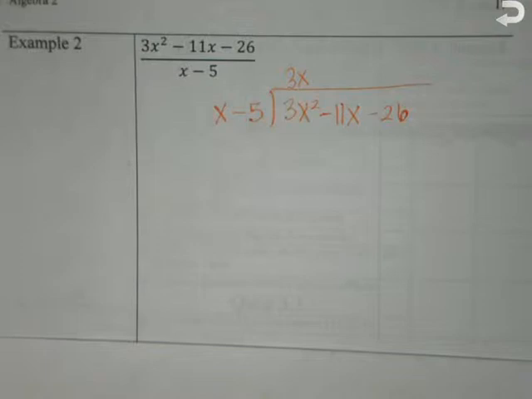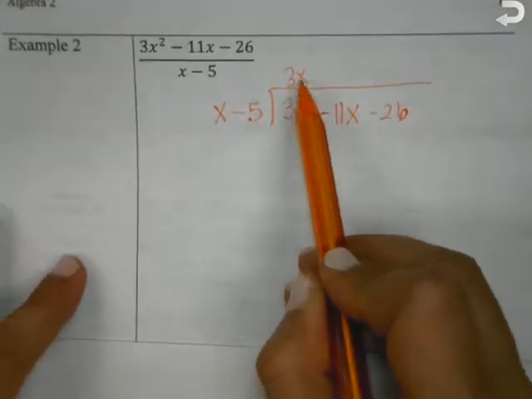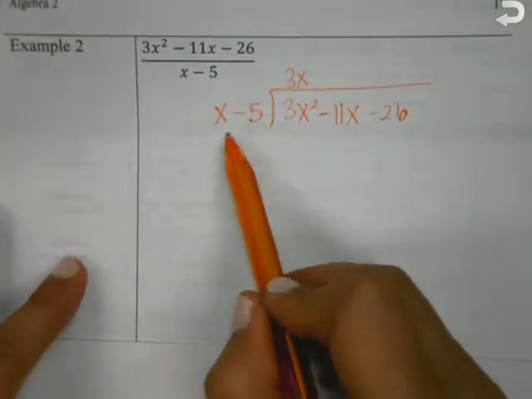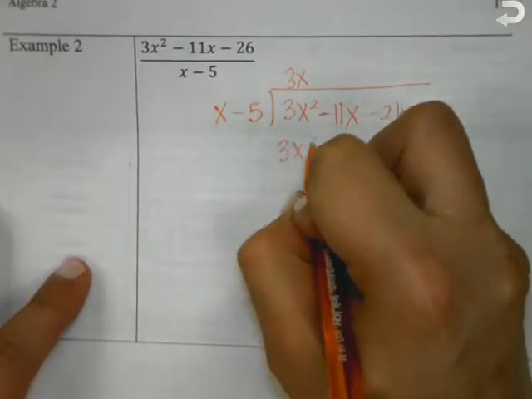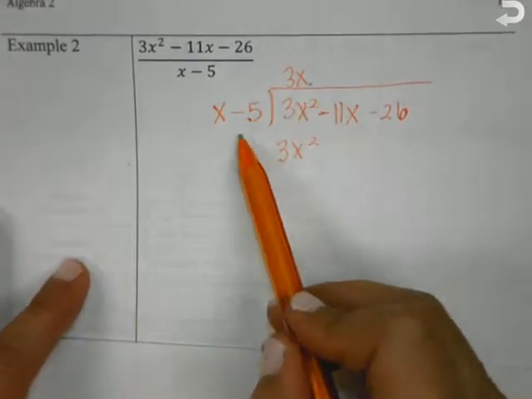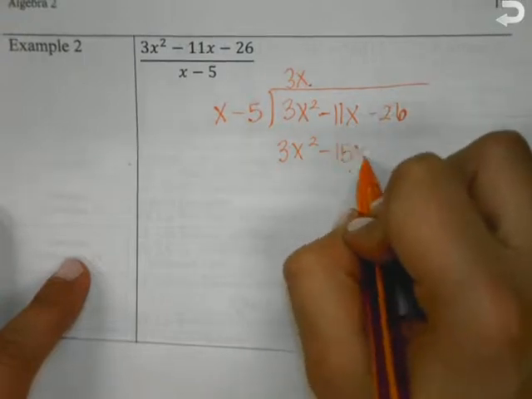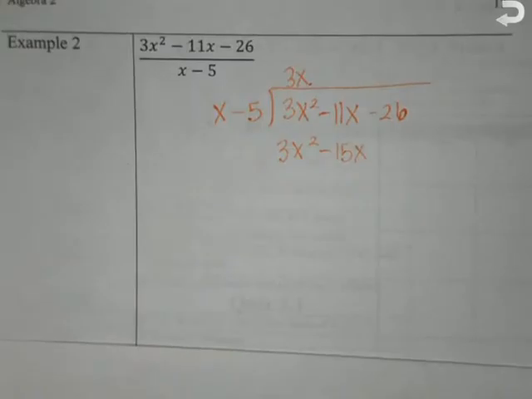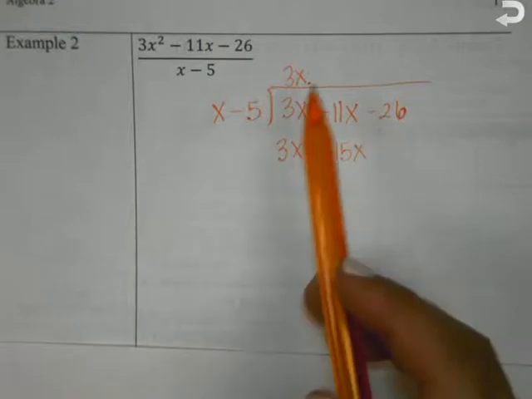So 3x times x gives me 3x squared, and then 3x times negative 5 gives me minus 15x. So I have to multiply that 3x by the entire divisor. Okay? And then I subtract, and subtracting just changes the sign.